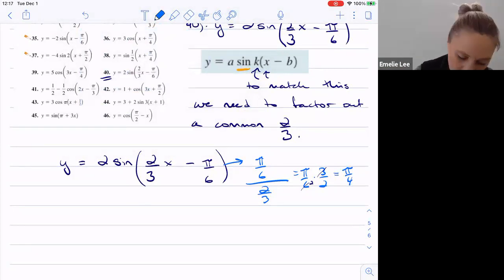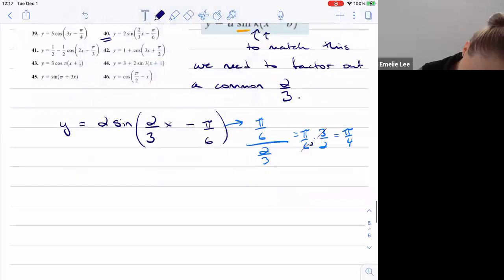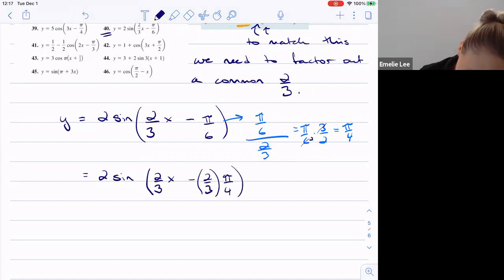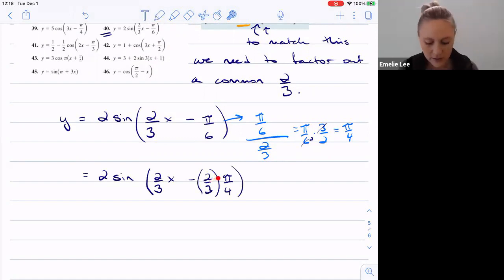Okay. So what that means is that you can rewrite this as 2 sine 2/3x minus 2/3 pi/4. And you can check it: 2 pi/12, that's pi/6, which is what we had. So now I can pull this 2/3 outside, still inside the sine.